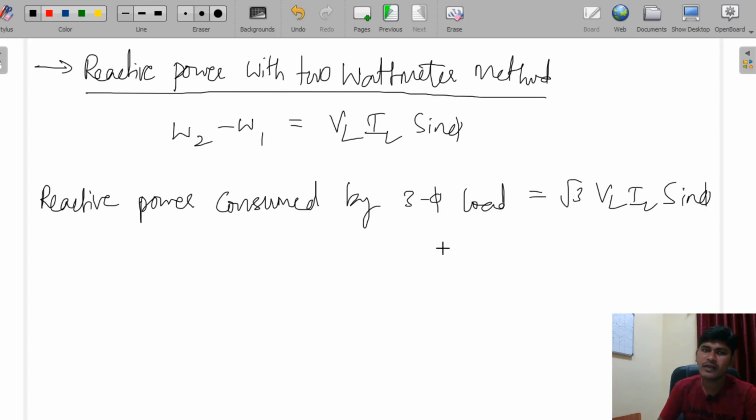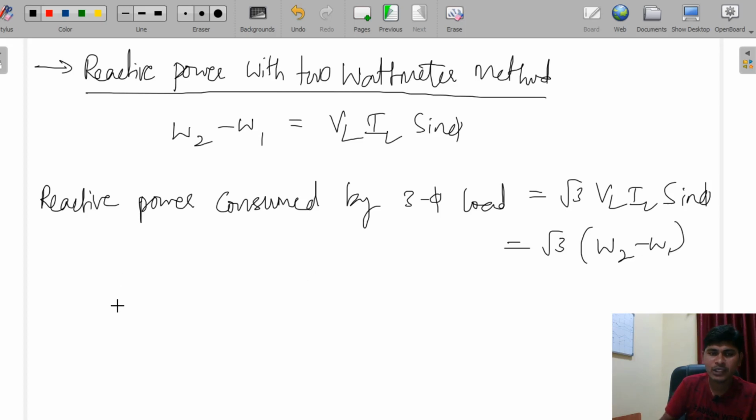Whereas the active power, or true power, consumed by the 3-phase load will be root 3 VL IL cos phi. In place of VL IL sin phi, let us write W2 minus W1.